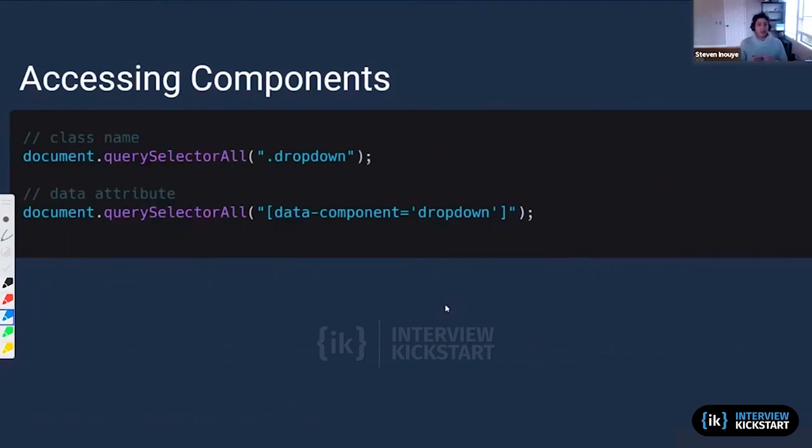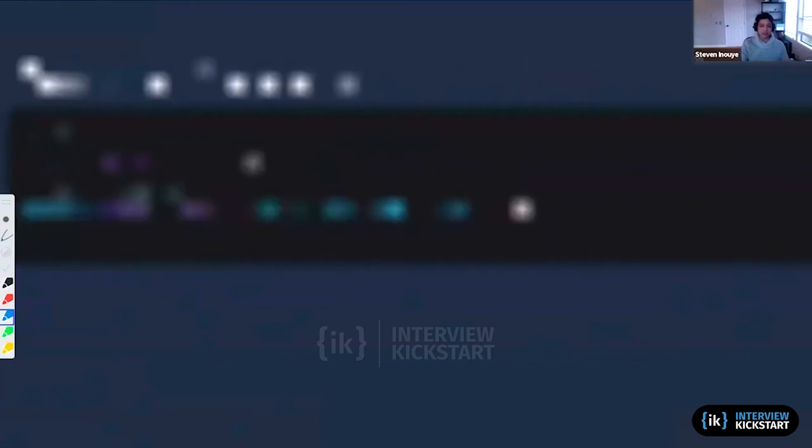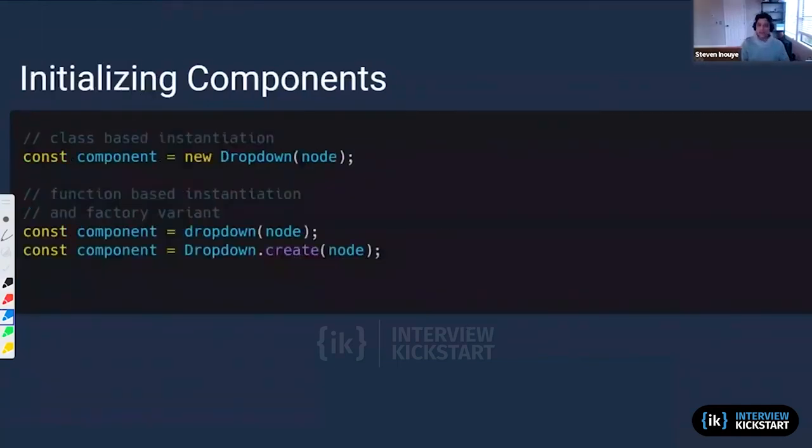So document.querySelectorAll is going to allow us to access this component as a node, and it's going to allow us to access all the different attributes that are inside this node. And that is one of the reasons why we really like to use querySelectorAll in order to instantiate our entire front end.